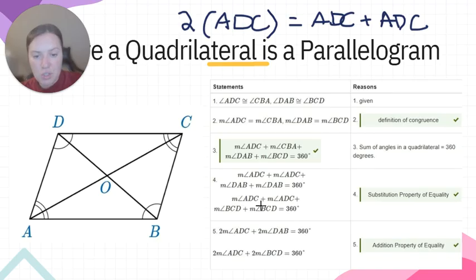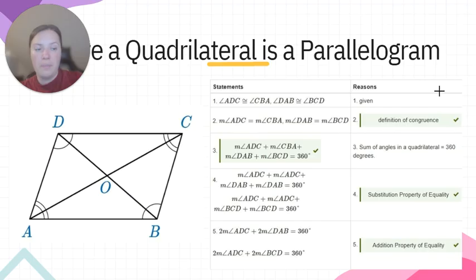So they've taken these super long equations and replaced them with 2 times the measure of the angle ADC, plus 2 times the other. They've taken these and combined them into a multiplication problem, and they've done this for both of them.